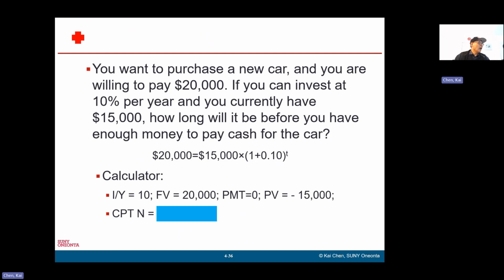On the left hand side, that is 20,000 divided by 15,000, equals on the right hand side 15,000 times 1 plus 0.10 raised to the power of t, divided by 15,000.